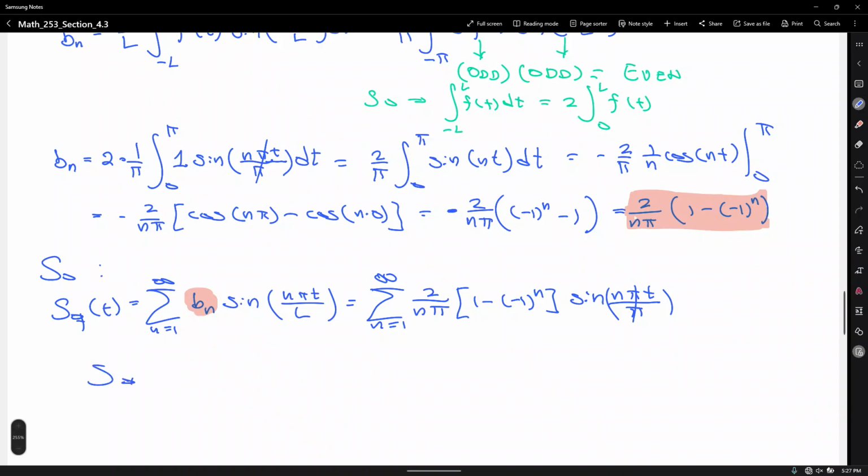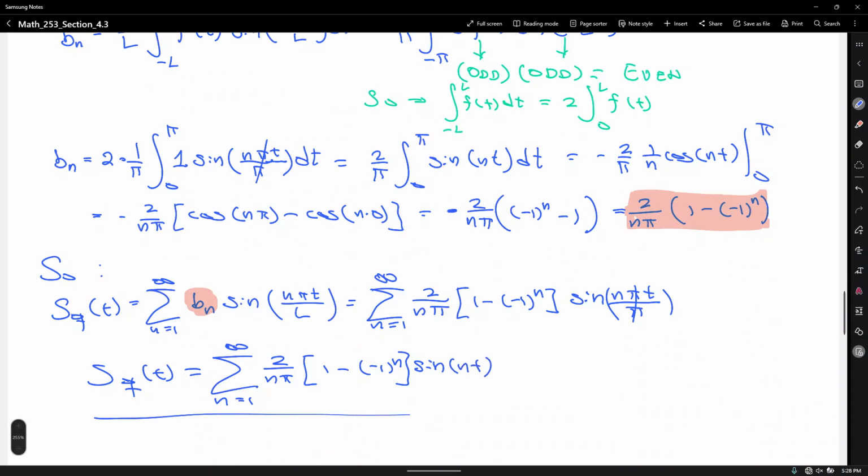So this square wave sq of t equals the sum from n equals 1 to infinity of 2 over n pi times 1 minus negative 1 to the n times sine of n t. And guys, this is the Fourier series representation of the square wave function we were given in the graph.